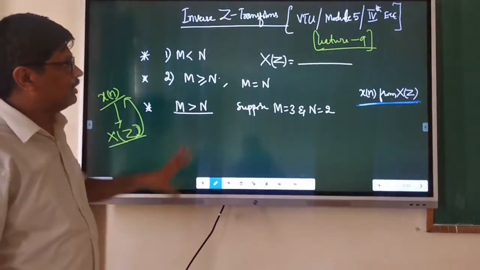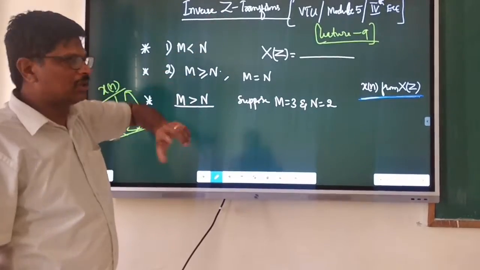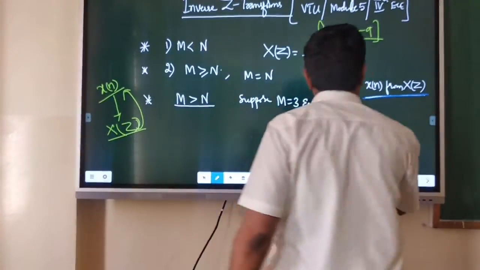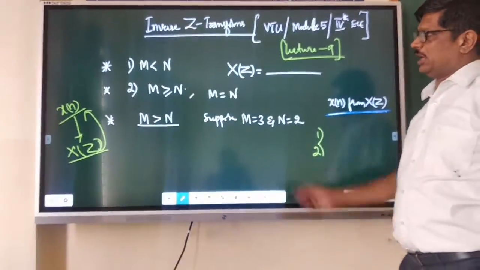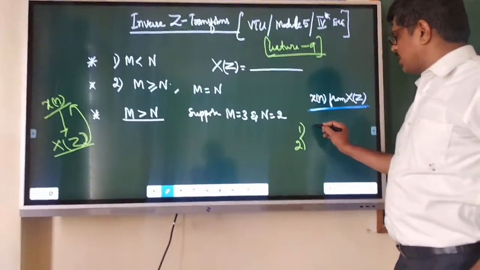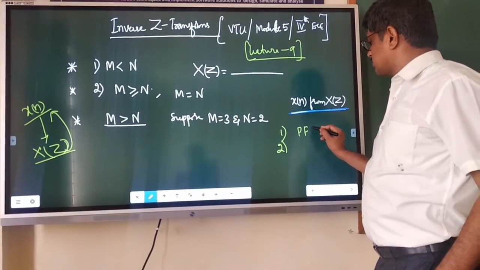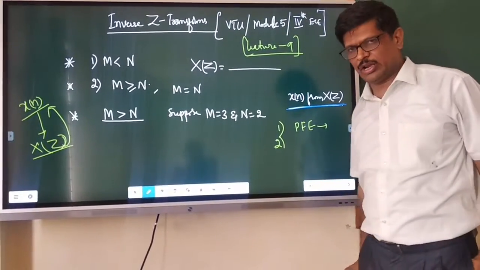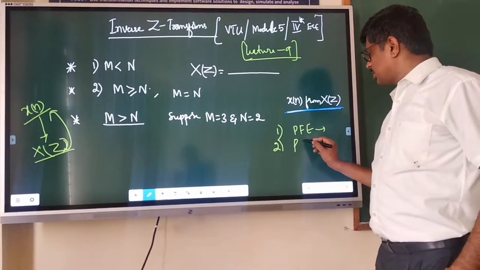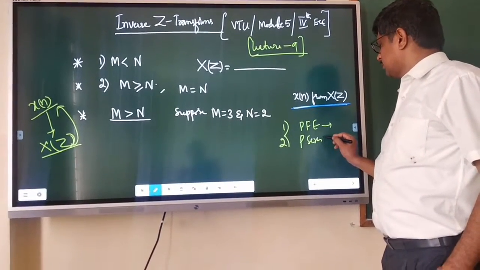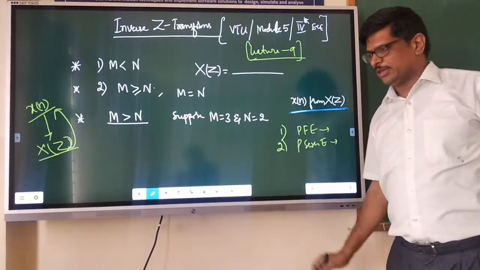Last class we saw that there are two methods for getting back the original signals. One is the partial fractions expansion method, which is like maths only, and the other is the power series expansion method.